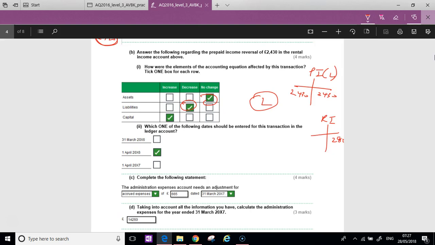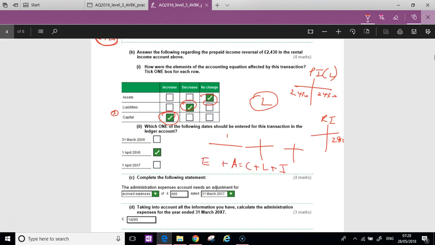And in terms of your capital increasing, I imagine that because this is rental income, I'm just trying to see. This is a really dud one. I really can't see. A is equal. I think it's just purely for the accounting equation.